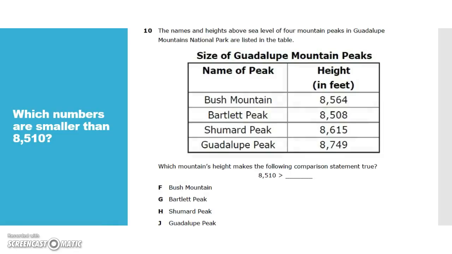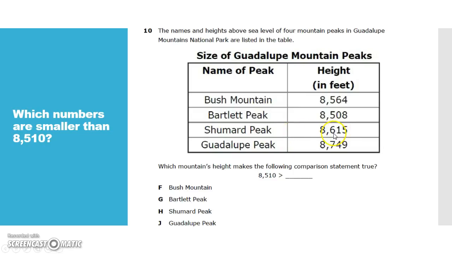When I got ready to solve this problem, I know that I'm looking for a number that 8,510 is greater than. What number? So knowing that this number is going to be larger, I'm looking for a smaller number to complete this comparison statement. So I know right away that there's 2 answers that are not smaller than 8,510.